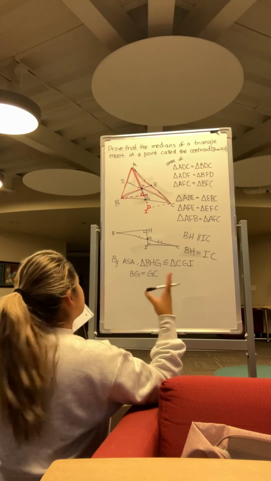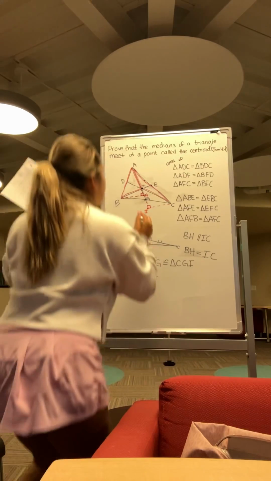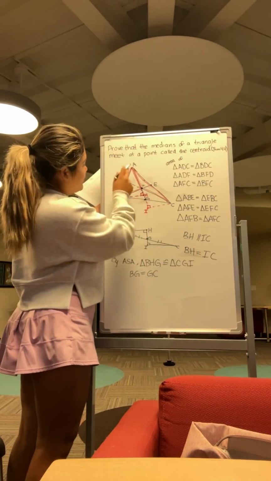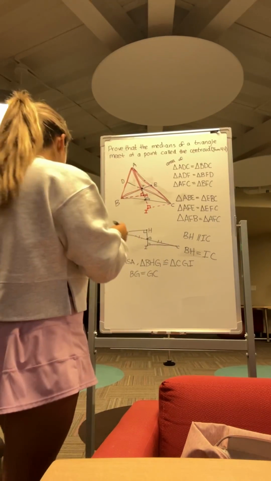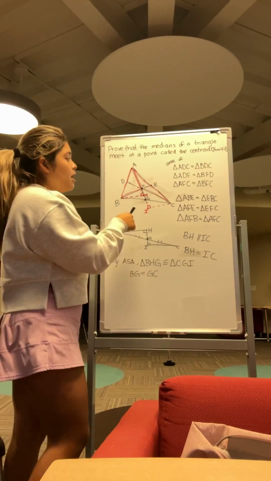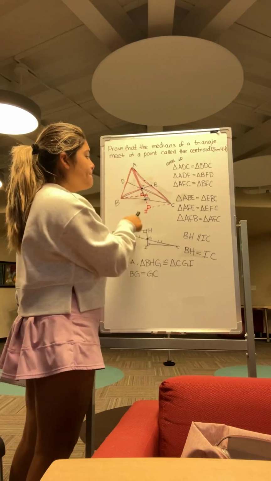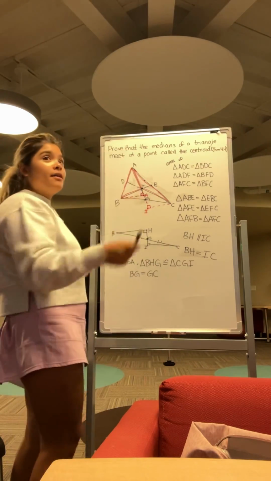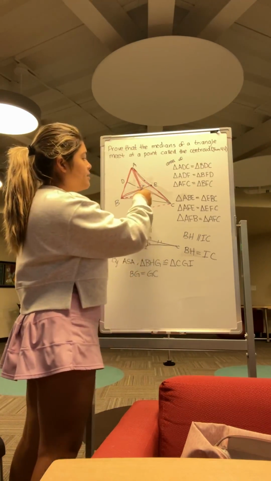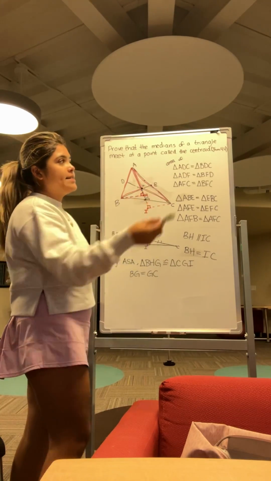Therefore, since G is a midpoint, then it must be true that AG is a median. And since F is on AG, then all the medians meet at some point in the middle called the centroid.